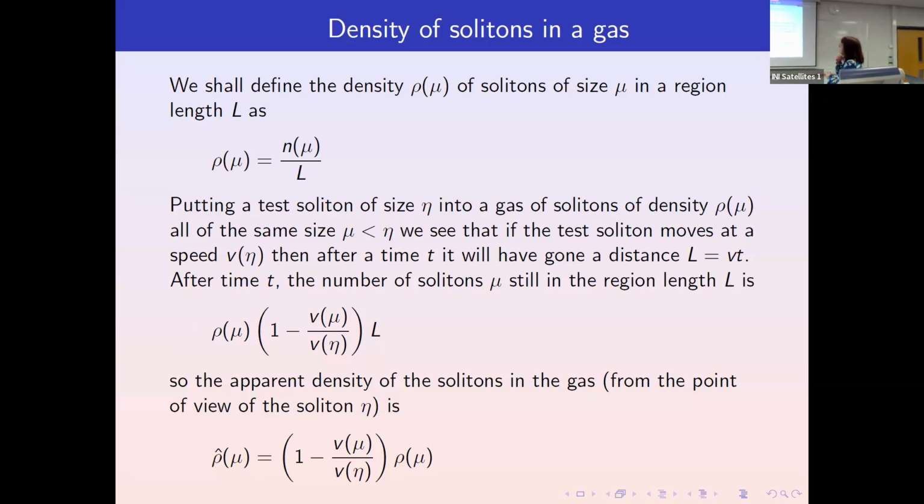So if I want to know the speed, the bigger solitons are obviously going to, with time, pass through the smaller solitons, so it's going to get phase shifted forwards. And so I can work out an apparent density, just in terms of what happens to it due to the soliton of smaller size. I can work out the apparent density of the solitons in the gas from the point of view of the soliton eta, and that is just given by 1 minus v mu over v eta times the density of mu.